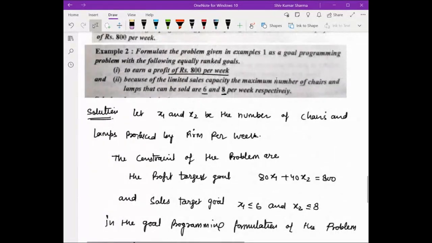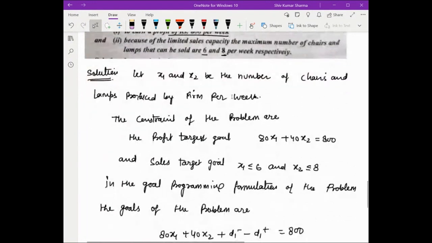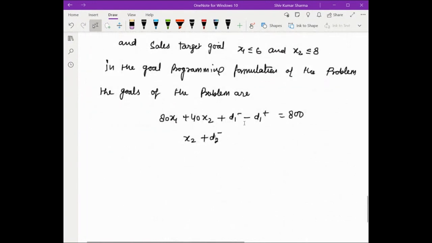This has a limited number of lamps and chairs to be sold per week, which are 6 and 8. So we write the underachievement, and for the third, D3 minus, which equals 8.